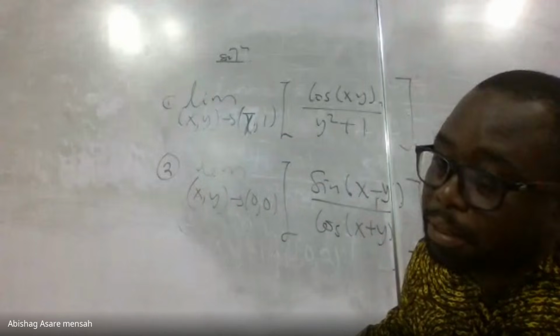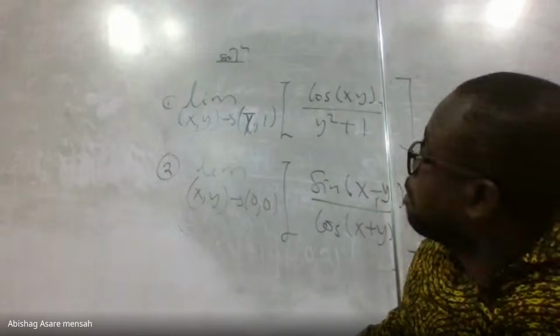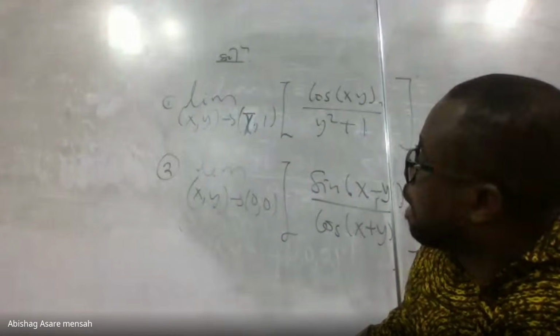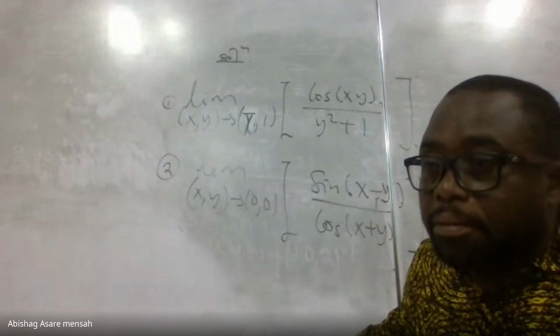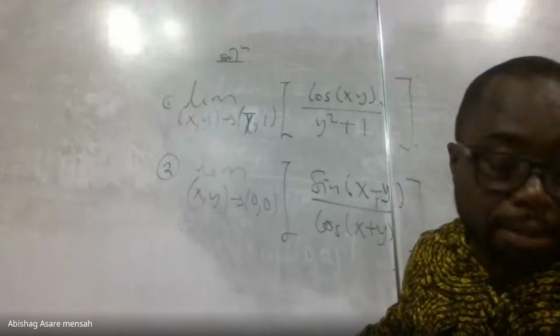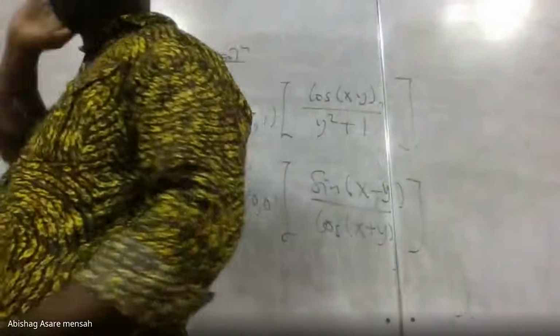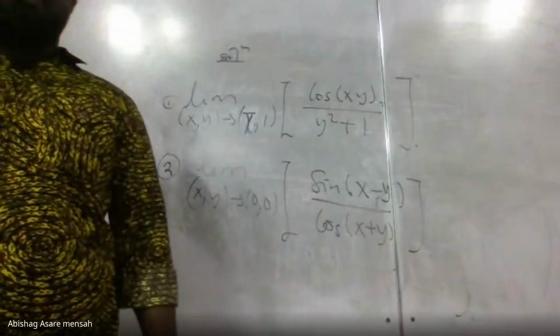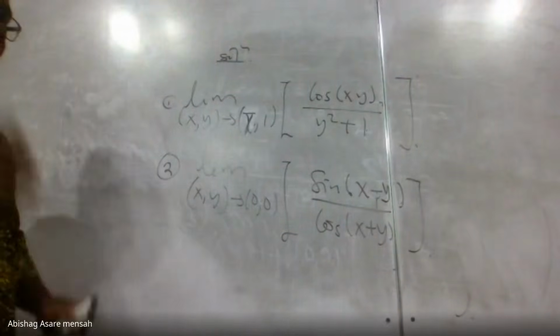So keep that in mind. If you want to change pi to degrees, it's 180.